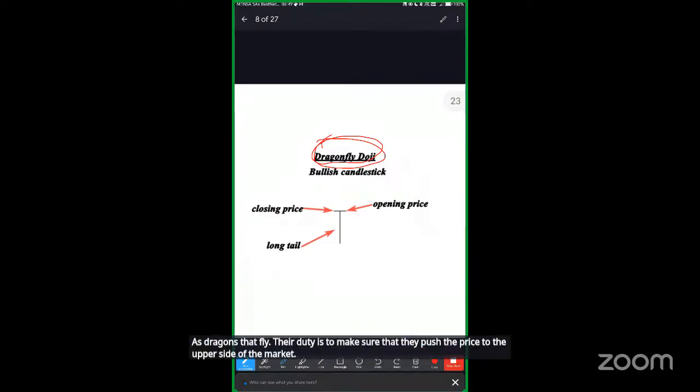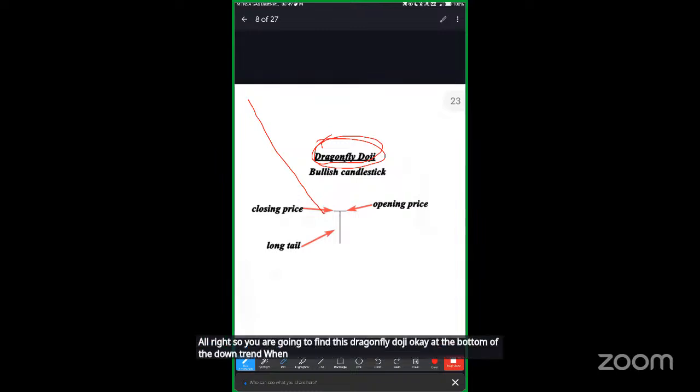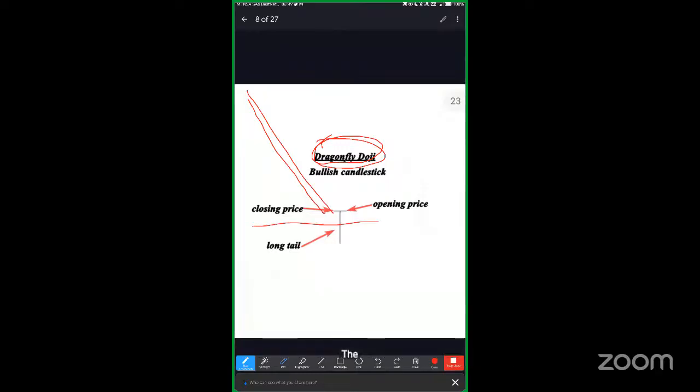All right. So you are going to find this dragonfly doji at the bottom of the downtrend, when sellers have been pushing the price further down, where mostly we call it the oversold area if we are to use our other indicators. It is the area where buyers normally rest after they have run their race.